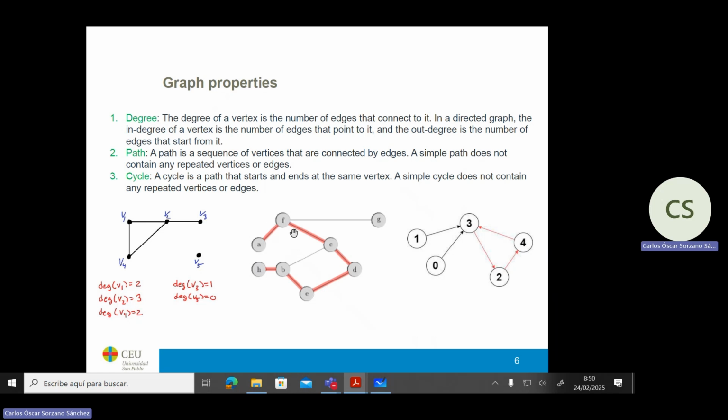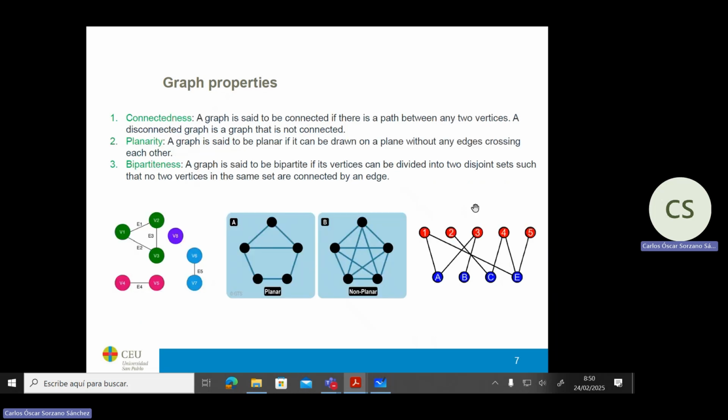A path is a sequence of vertices that are connected by edges. You can also define cycles. For instance, here you have a path that is closed. You start at 3, then 2, then 4, and then 3 again. A cycle is a path that starts and finishes in the same vertex.